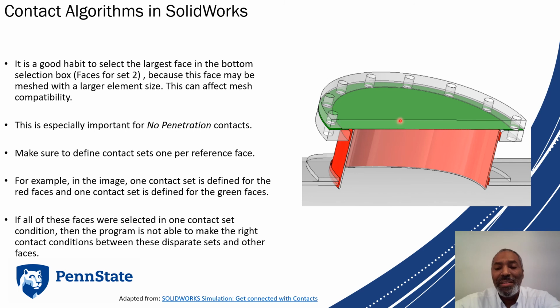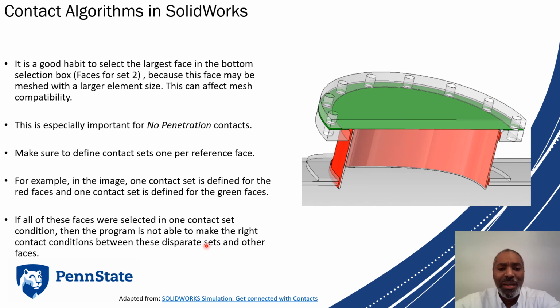So we just define this as one face. We define this as another face. And then we say separately that they're each in terms of contact looking for this other face to contact. So for example, in this image, one contact set is defined for red, one contact is defined for green. So we keep those two things separate even as we apply them to be in some sort of contact relationship with yet another face.